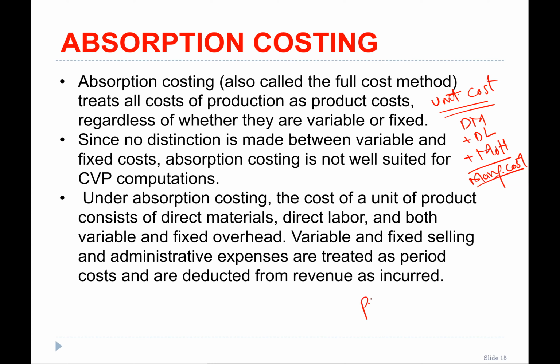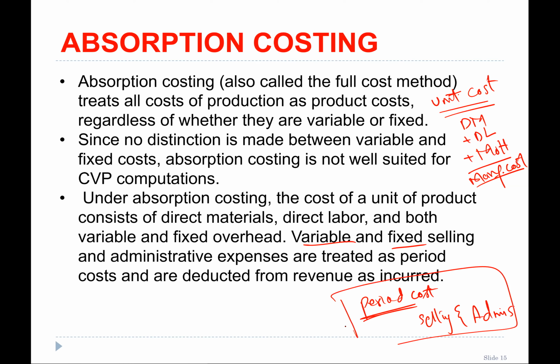And what is the period cost? Selling and admin. So there is no segregation here as well regarding variable and fixed, right? So this will be treated in the income statement directly, because period cost will go to the income statement. This is not part of unit costing.